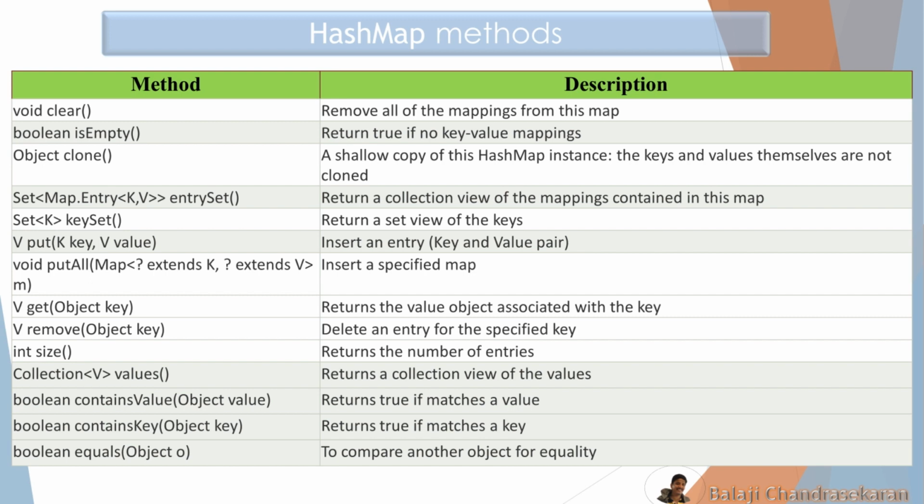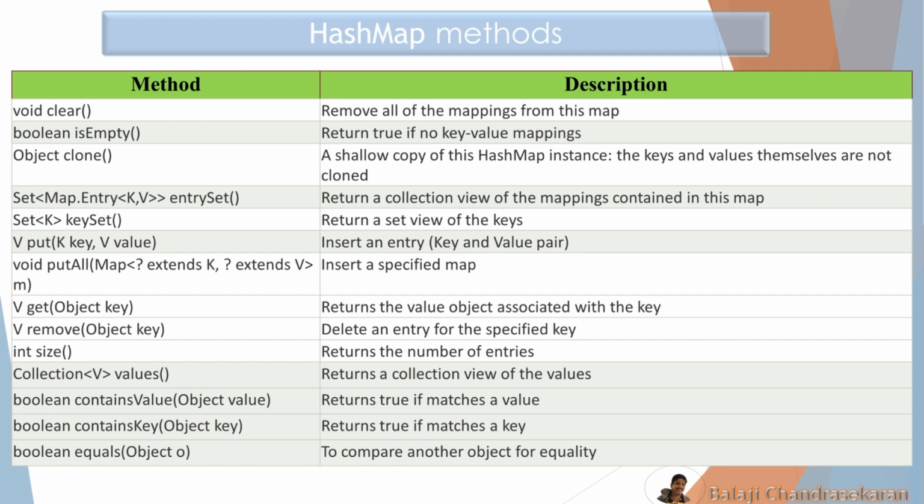The put method with key and values as parameters inserts the specified key value pair into the map. If the map already contains the specified key, the previous value associated with the key is replaced. The putAll method in Java HashMap is used to copy all of the mappings from a specified map into this map.